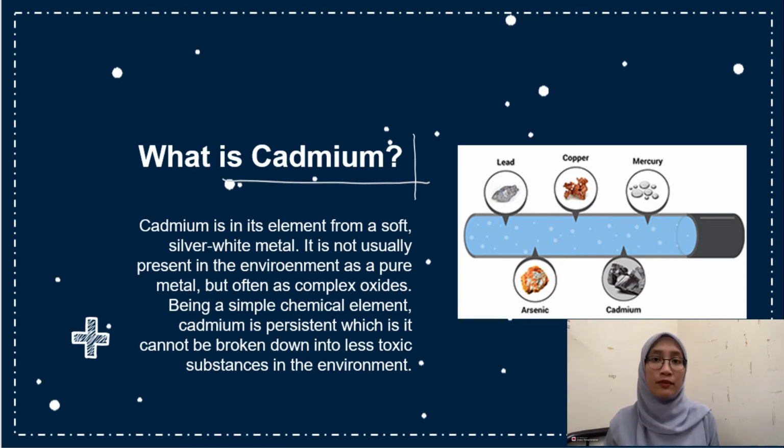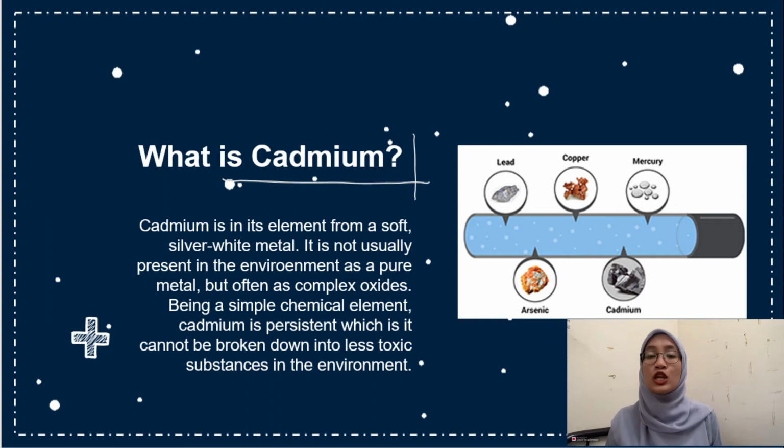In the environment, cadmium is toxic to plants, animals, and microorganisms. Being a simple chemical element, cadmium is persistent, which is, it cannot be broken down into less toxic substances in the environment.